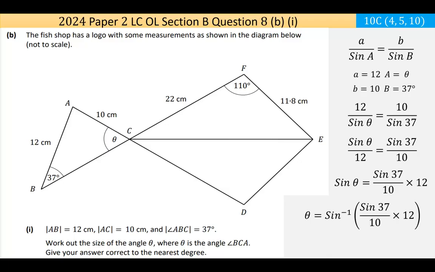Then I'm bringing sine across, and if you bring sine across the equals, it turns into its opposite, which is inverse sine of everything on the far side. This is programmable in the calculator, and I got 46.23, which rounds down to 46 degrees. So this is 46 degrees. Arguably, I now can find out what the angle is up here if I'm asked, but that's the question finished. I can move on.